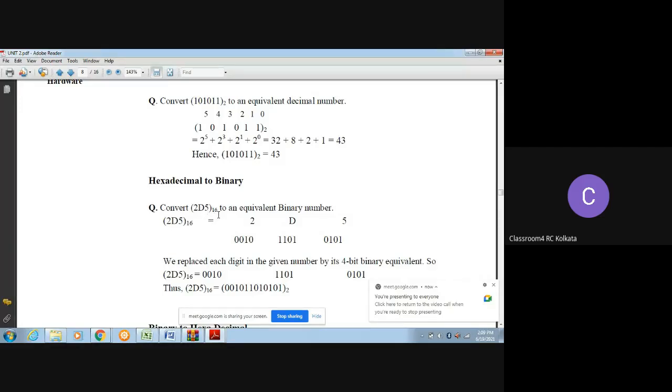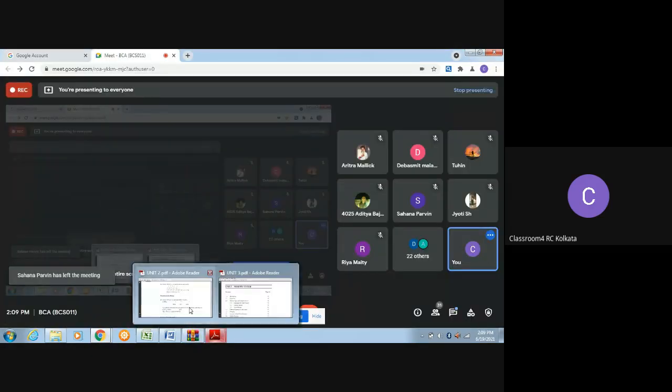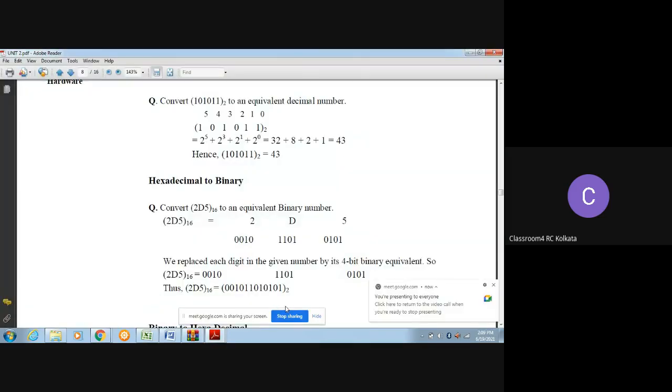What is the base of hexadecimal? 16. Base of hexadecimal is 16, right? So the number is 2D5. All of you write down in your copy: 2D5, base 16.